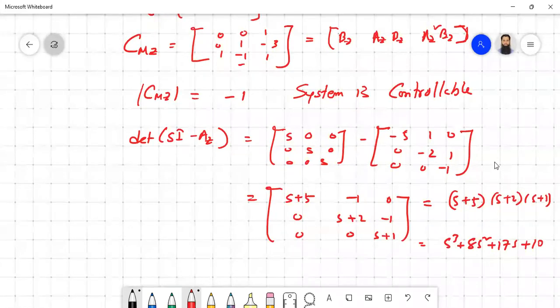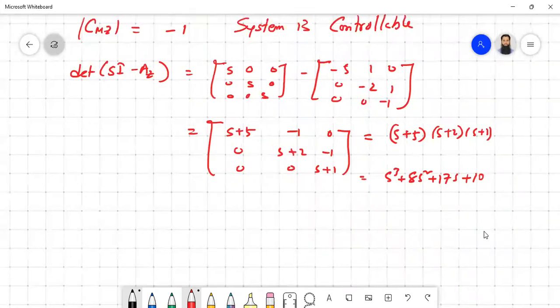And as we know, both systems are represented, they are actually the same system represented in different ways. So basically they will have the same characteristic equation, and only from the characteristic equation we can easily find out what we have represented in the phase variable form. So we can easily figure it out.